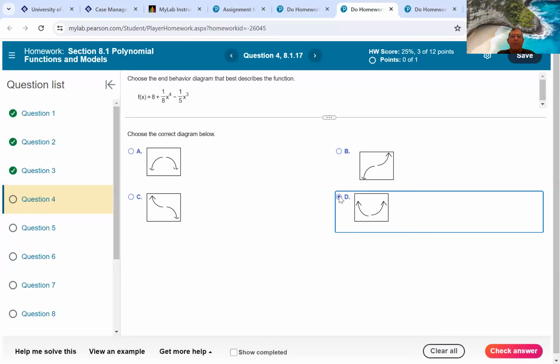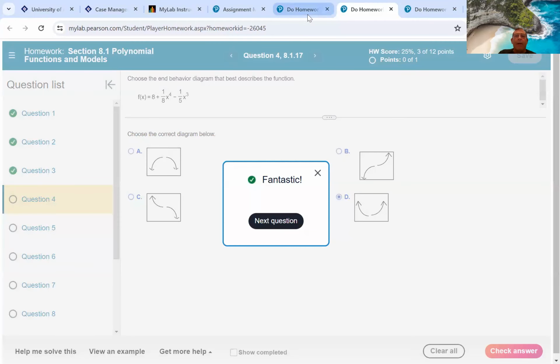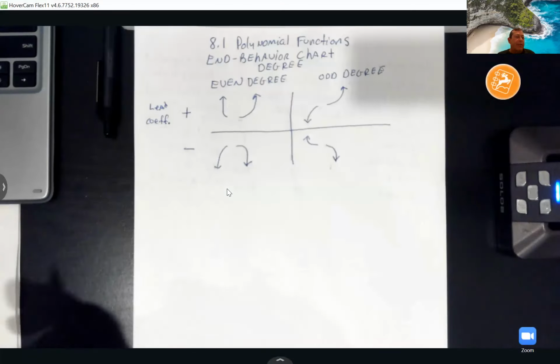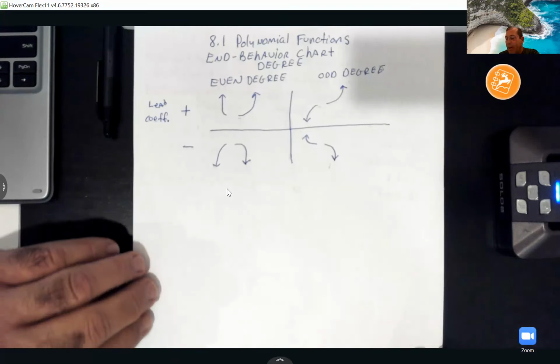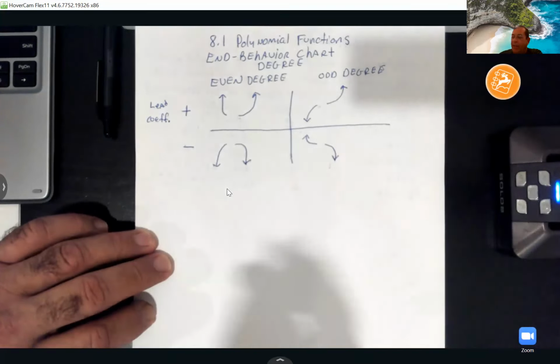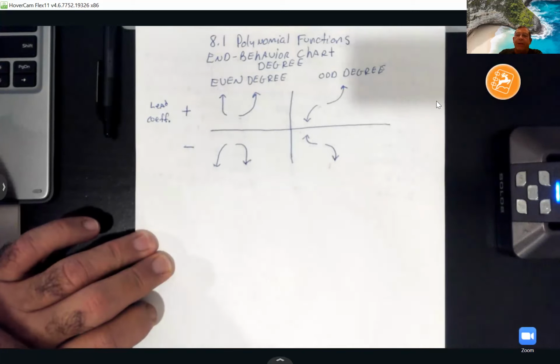So that would definitely be D. All right, y'all. So I'm gonna go back to my pad now. But yeah, the first 4 of those, that's basically all you're doing is looking at your degree and then seeing if that lead coefficient's positive or negative.